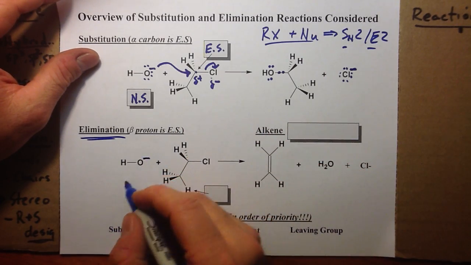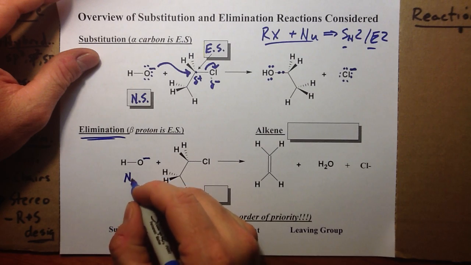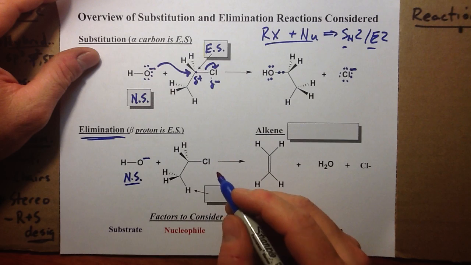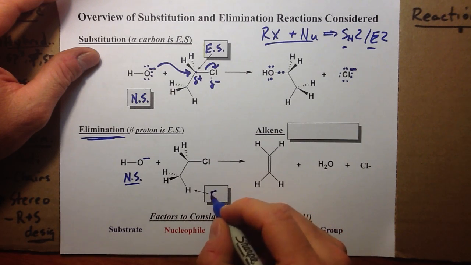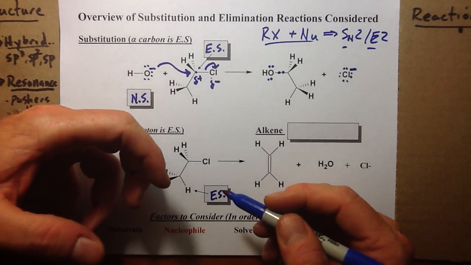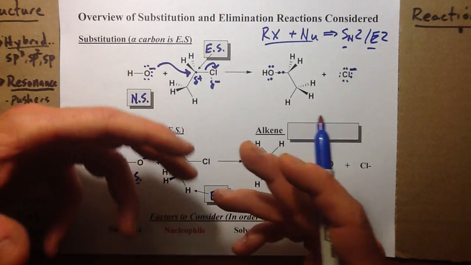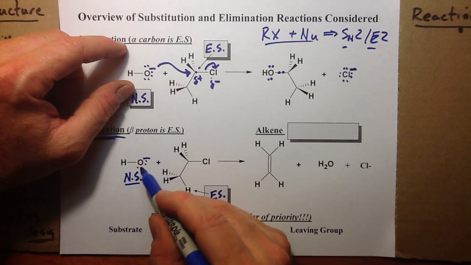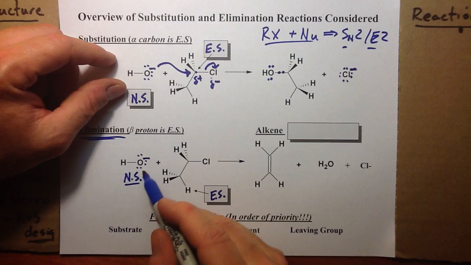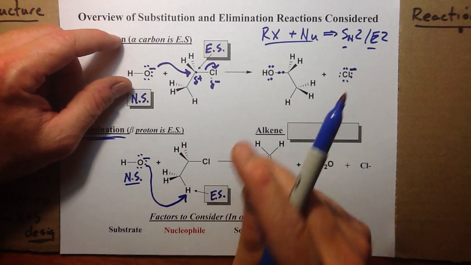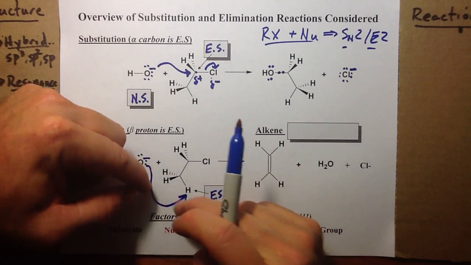We still have a strong base or a nucleophilic site, something that would love on a nucleus. And we have a less reactive electrophilic site in terms of partial positive charge. But one thing going for an attack at the beta proton, which is the competing reaction against SN2, is this: it's exterior.